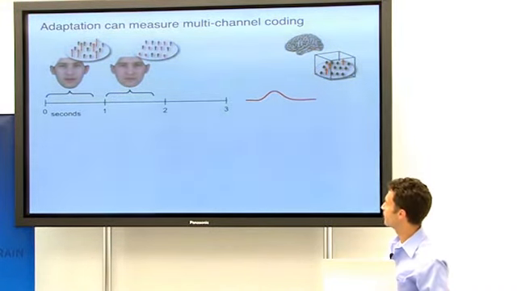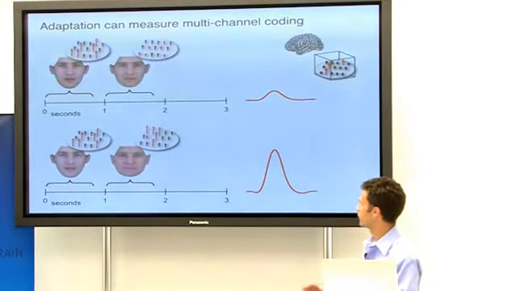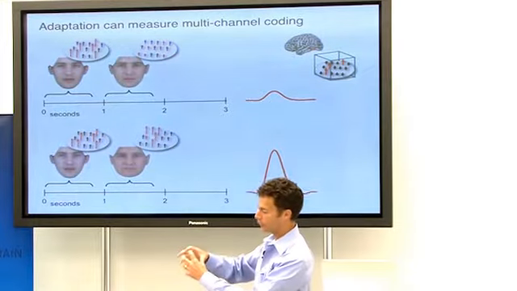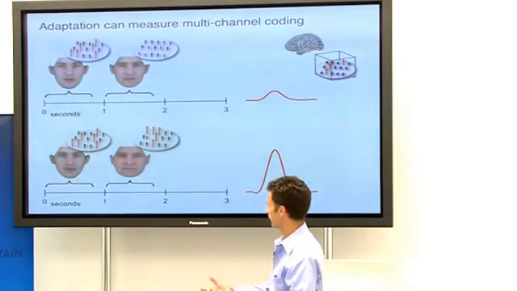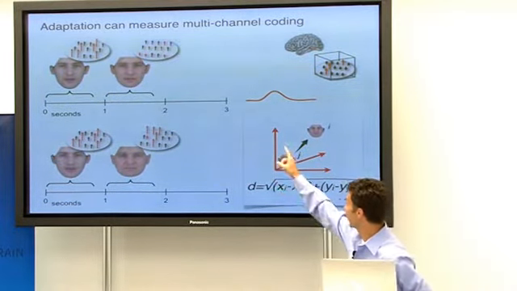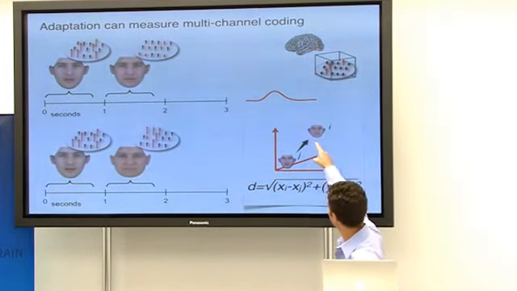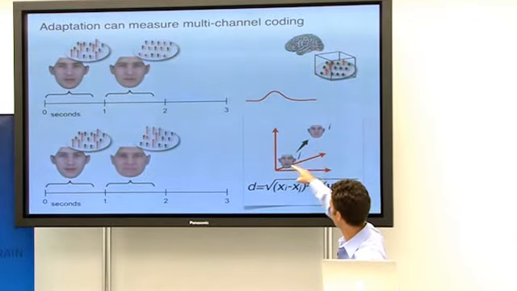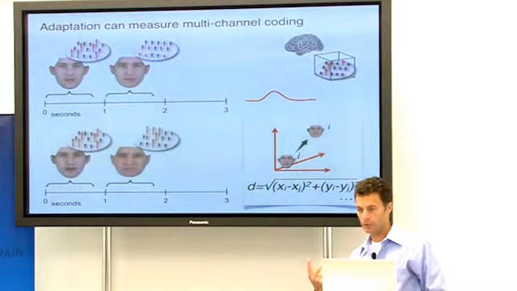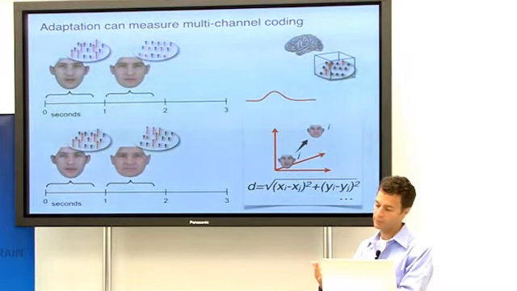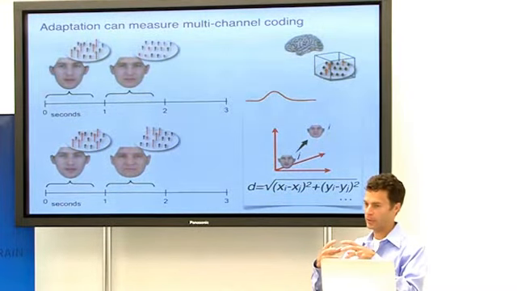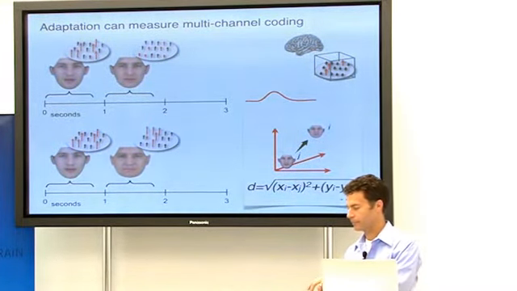For this kind of neural coding, what I would argue is that adaptation is ideally suited to measure it. The notion is that you measure the degree of reduction in response that's proportional to how similar two stimuli are as far as the neural population is concerned. In practice, you're using adaptation to measure the distance between the two faces within a multidimensional space where the dimensions are defined by the number of neurons that make up the space, or perhaps the projection of that set of neurons on some simplified factorization.